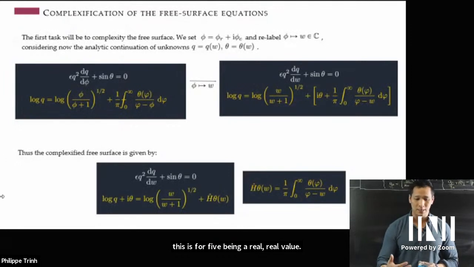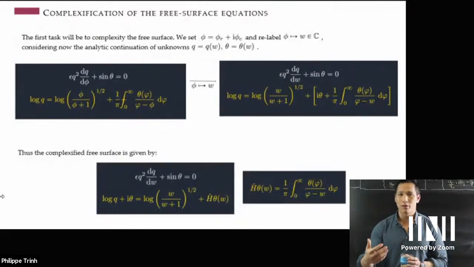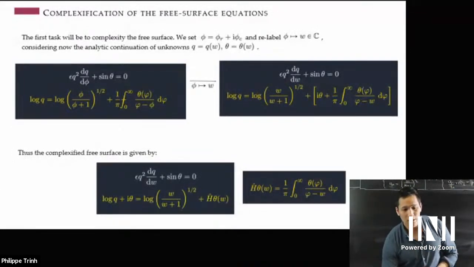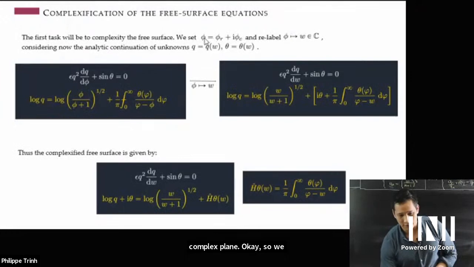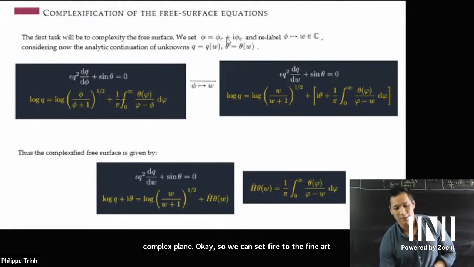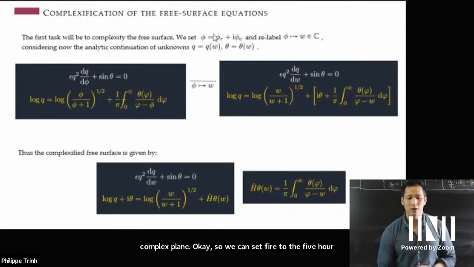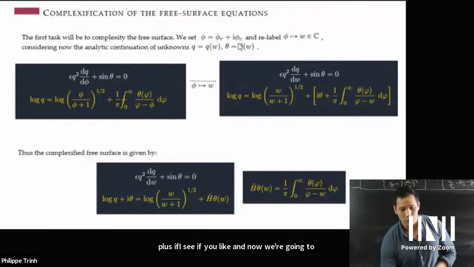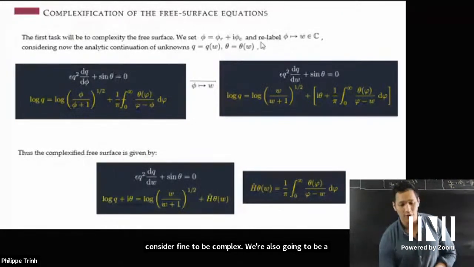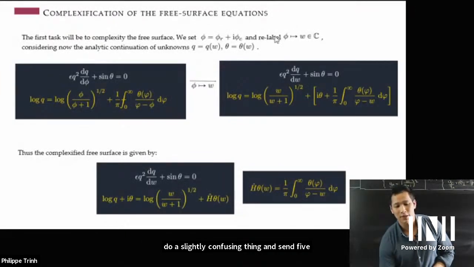We do this in anticipation of the fact that there are probably going to be singularities in the complex plane. So we can set phi to be phi r plus i phi c, and now we're going to consider phi to be complex. We're also going to do a slightly confusing thing and send phi to w, relabelling the complex version of phi with the previous complex potential.